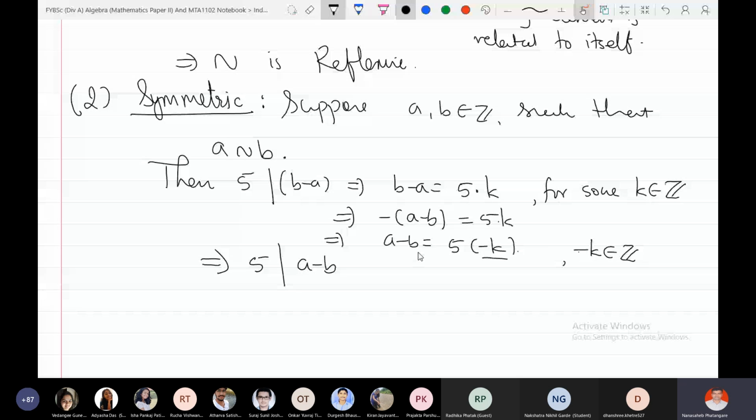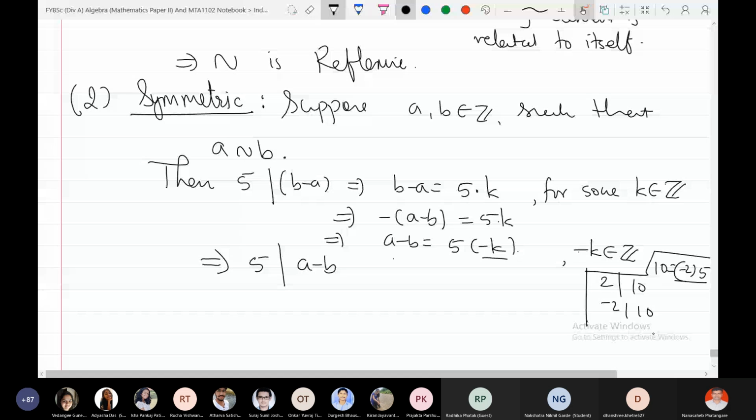When some number divides another number, the factors can be positive or negative. So 2 divides 10 and minus 2 also divides 10, correct? Because 10 is equal to minus 2 times minus 5. Do you agree with this?